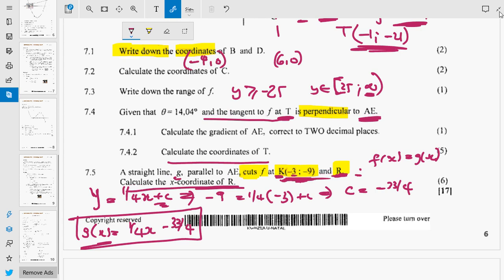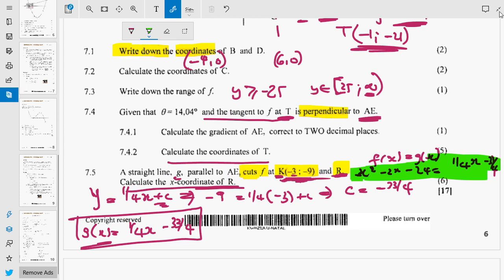You're going to have f of x, which is x squared - 2x - 24, equal to g, which is 1/4 x - 33/4. So this is the equation we are required to solve.